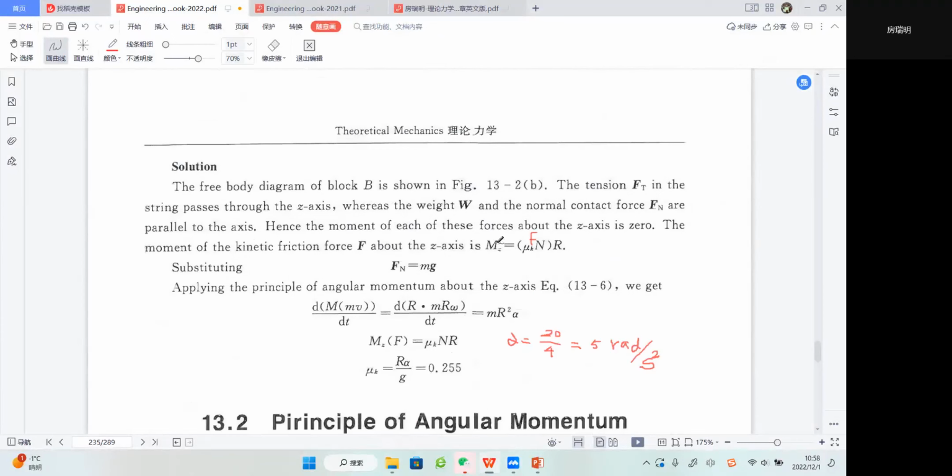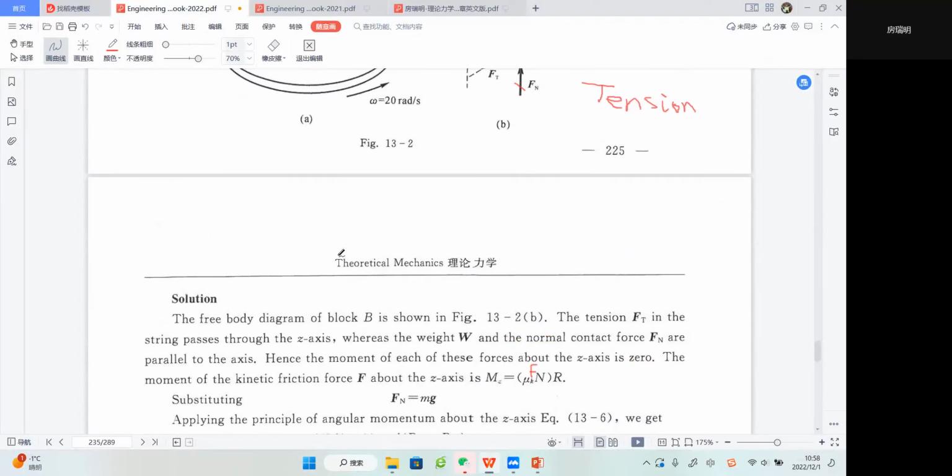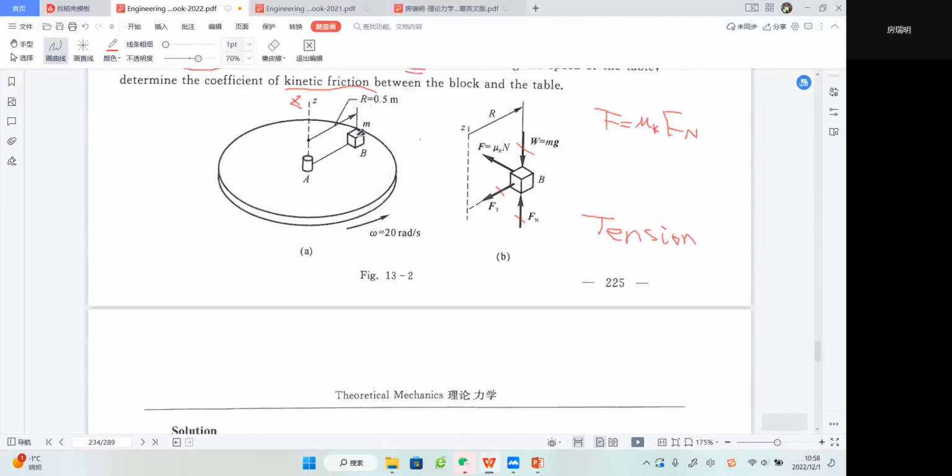So after all this, we apply the principle of angular momentum about the z axis, right? So dHz/dt will be sigma Mz, right? So our d(mv)/dt, m here, v is what?